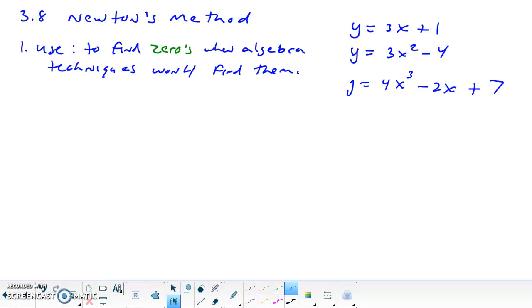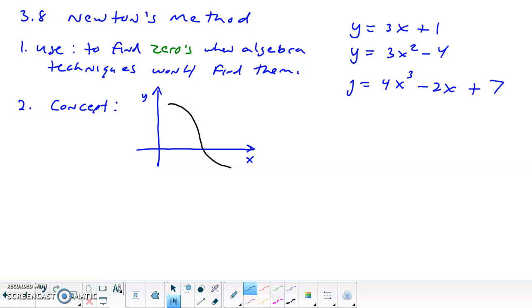Let me see if I can help you to understand the concept. So that's the use, here's the concept. We're just going to make a sketch for our notes so we can refer back to the sketch later on. So we've got just a simplistic Cartesian plane here. And I'm going to take my black, and this doesn't have to look perfect, but just some curve like that.